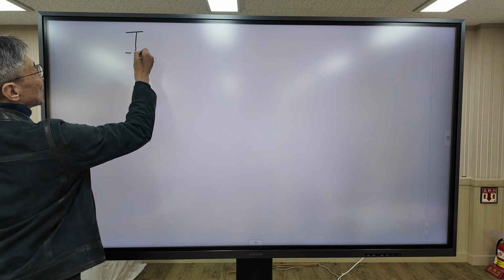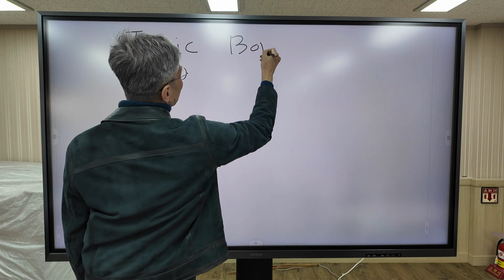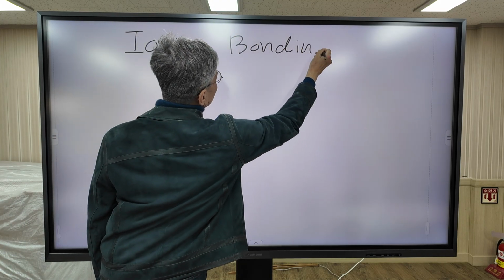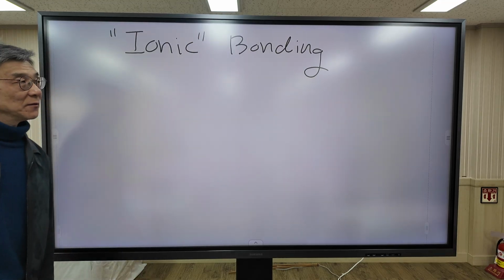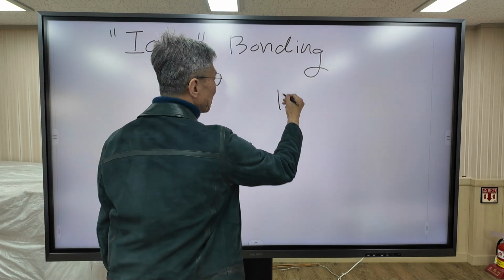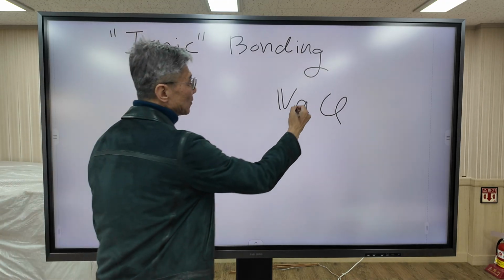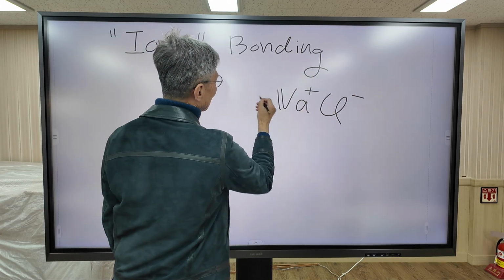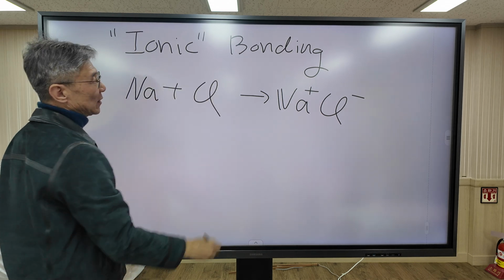Now we are going to study ionic bonding. Ionic bonding is relatively easy to understand. For example, how is the NaCl compound formed? It is definitely ionic bonding. This one comes from sodium and Cl.